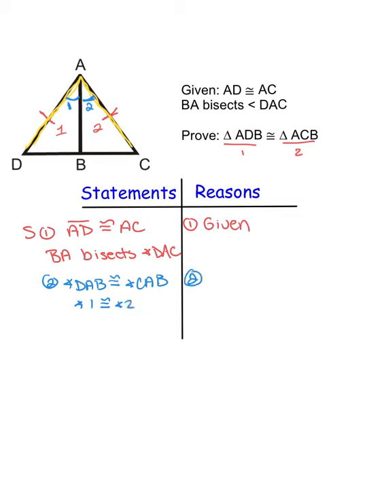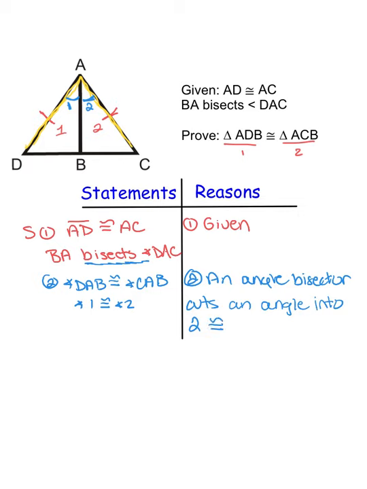And the reason they're congruent is this right here, an angle bisector cuts an angle into 2 congruent pieces. That gives me an angle.